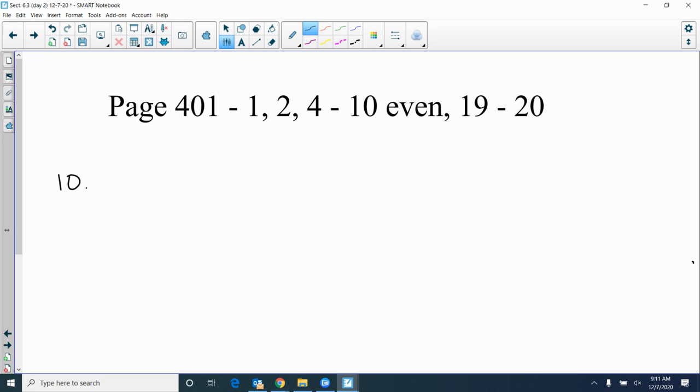So for 10, it says each family in a neighborhood is contributing $20 worth of food to the neighborhood picnic. The Harlan family is bringing 12 packages of buns. Hamburger buns cost $2 per package. The hot dog buns cost $1.50 per package. How many packages of each type?